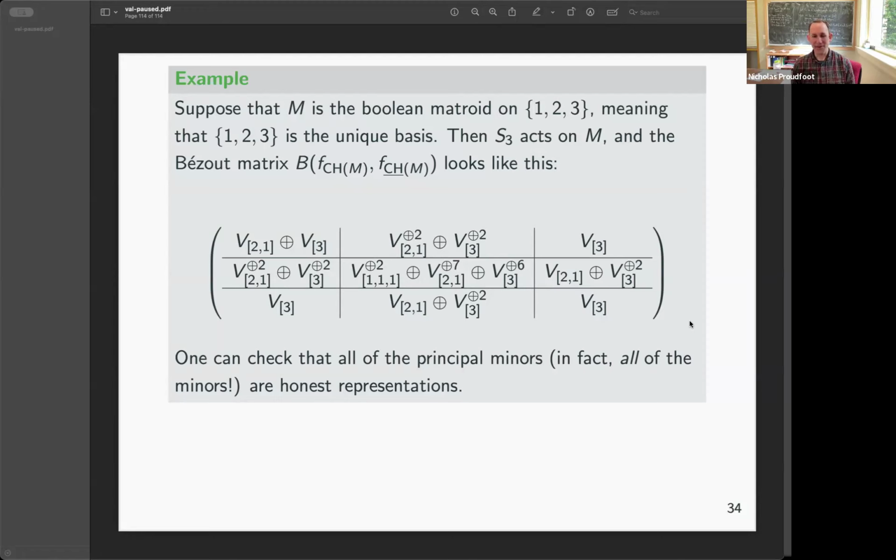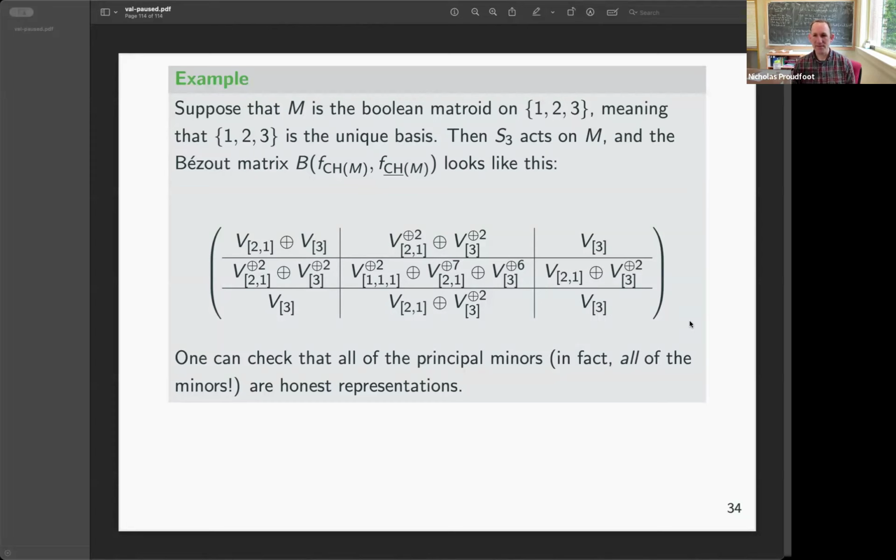It's some additive formula. I don't know of other applications of valuativity. So yeah, it would be awesome if there were some, but nothing that I'm familiar with.